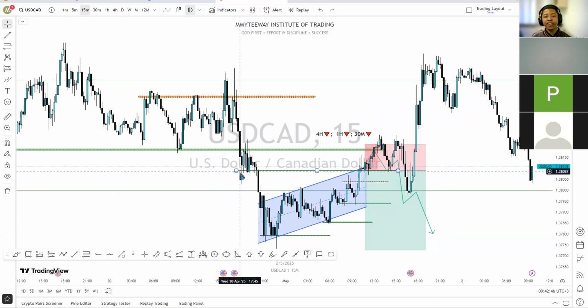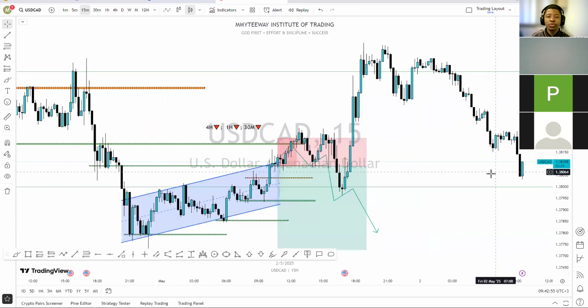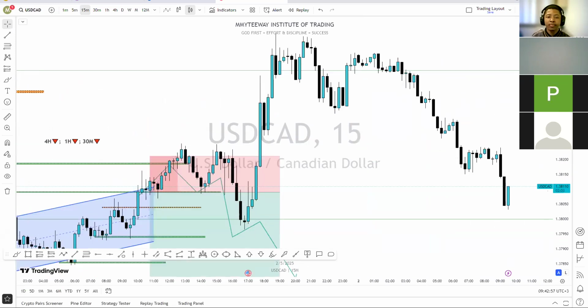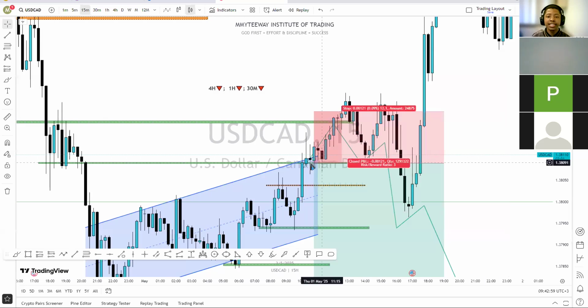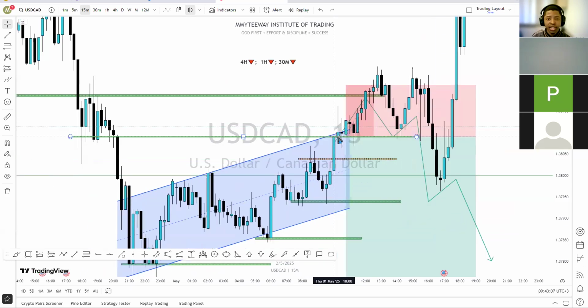As we can see, we have our support level here. After this support level, in the 15 minutes, we had a strong pin bar. If I zoom in on my chart so that you can see clearly, this is a gravestone doji. You don't even need the measuring tool to see that on this candle the body is 38% or less of the whole candle.